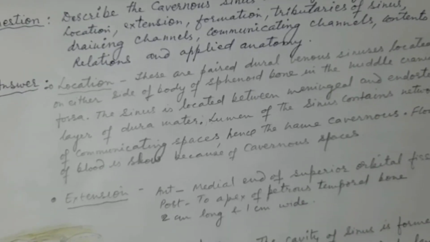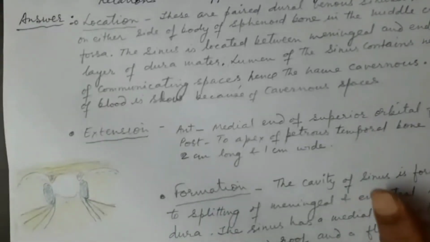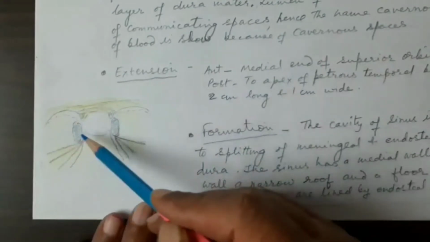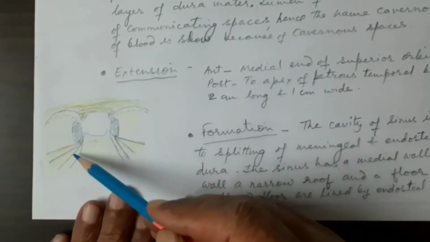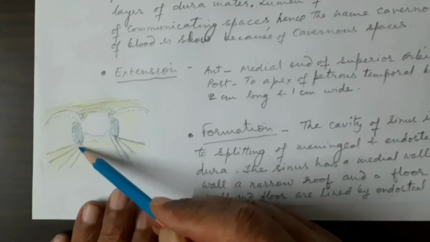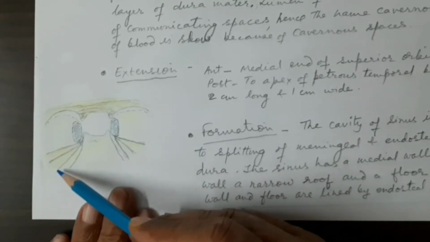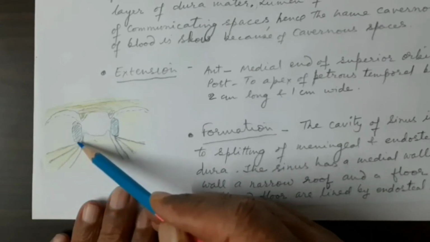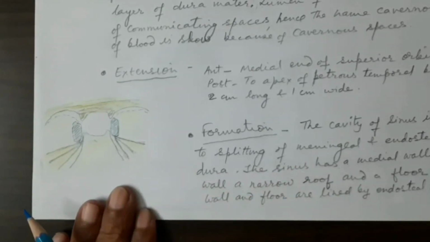Let us see, this is the petrous temporal bone, the apex of the petrous temporal bone, and here is the posterior end of the cavernous sinus. Let us see from the posterior end of the cavernous sinus. This is the petrous temporal bone, its anterior border, its superior border, and its posterior border. On the superior border the superior petrosal sinus is located.